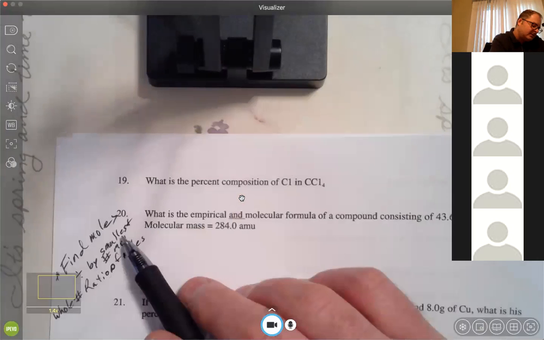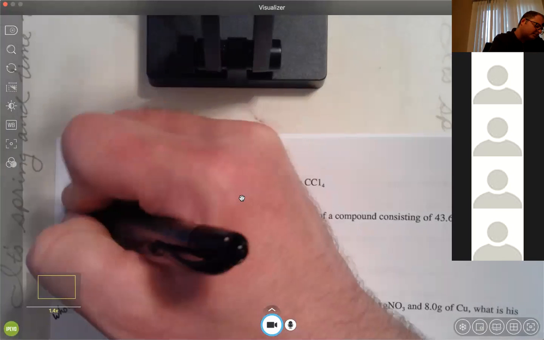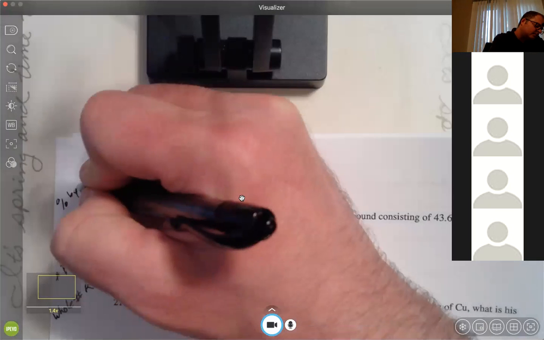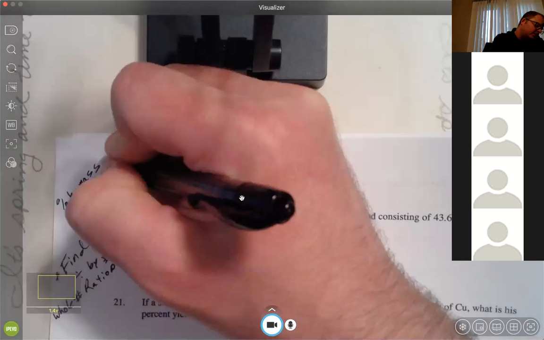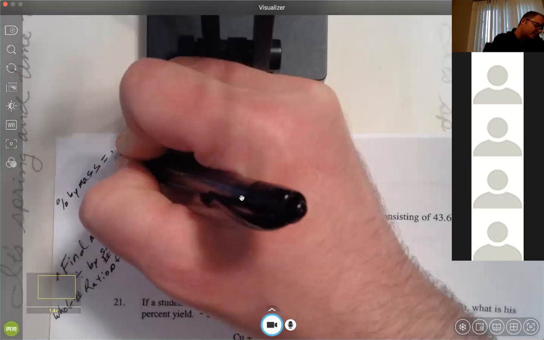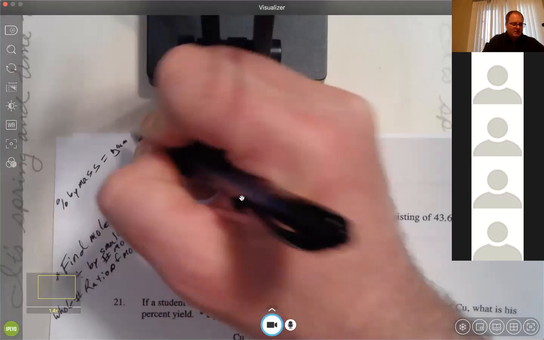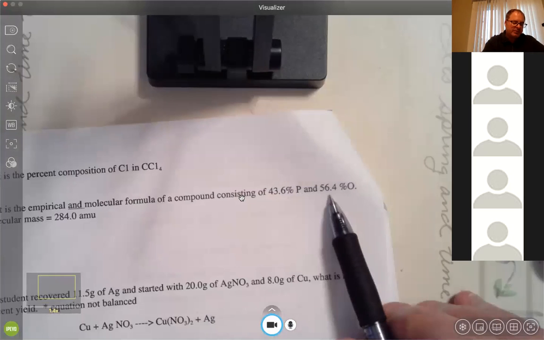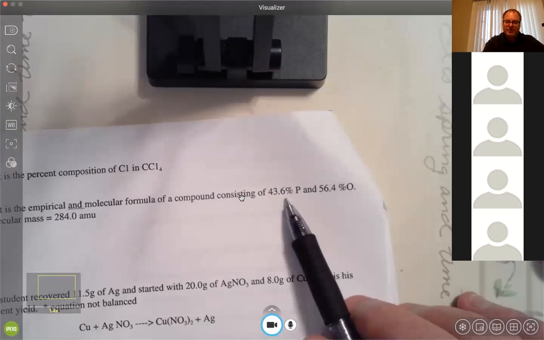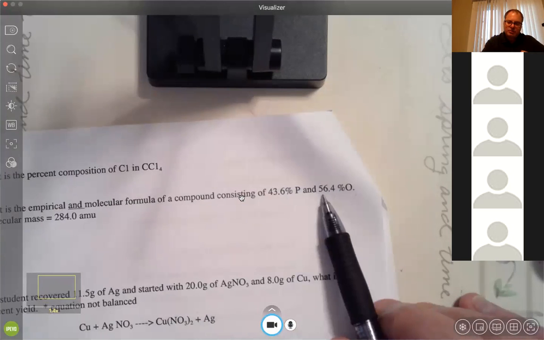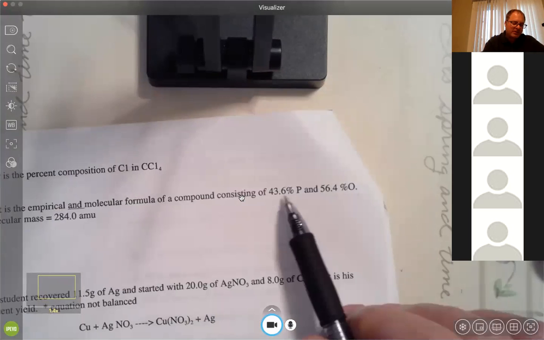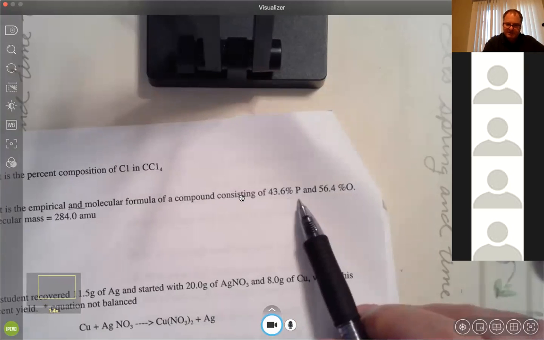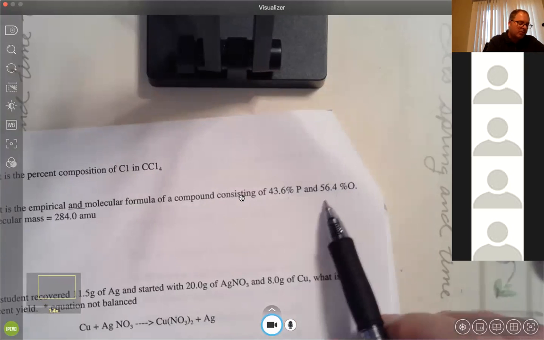Percent by mass is actually equal to the grams. So if we have 43.6% P and 56.4% O, these add up to 100. That means out of 100 grams of substance, 43.6 grams is P and 56.4 grams is O.